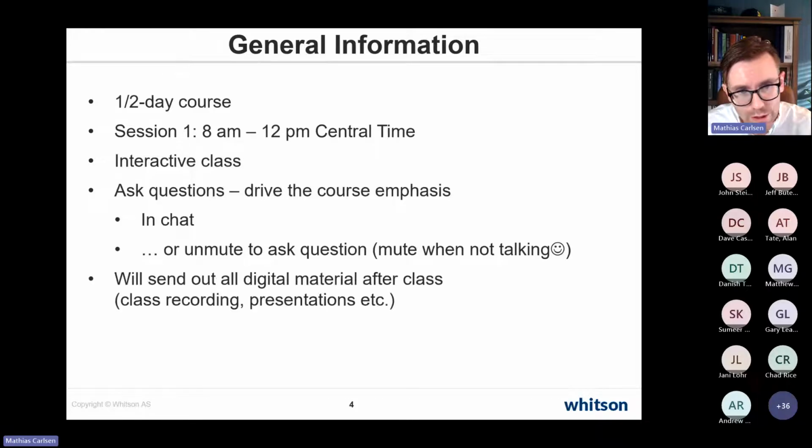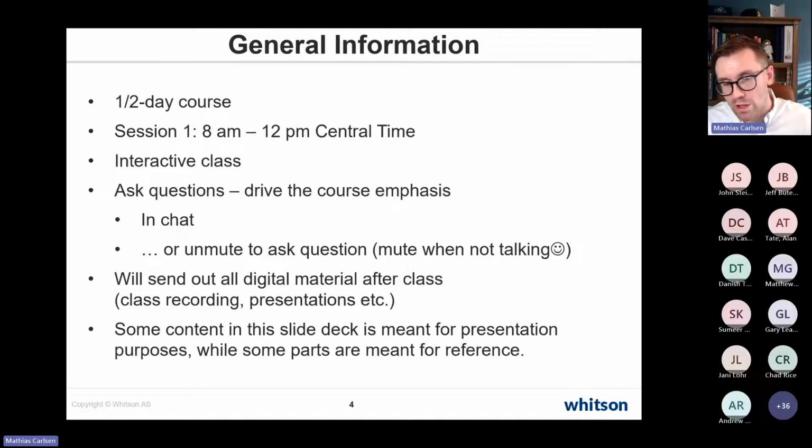We'll send out all the digital material after the class, including the class recording, presentations, etc. And of course, some of the slides, and I'll mention those slides, are more meant for you later. A bunch of you asked if it was fine to print the material, and that's of course totally fine. You can keep that as a reference for later if you're going to deal with fluid sampling or whatnot.